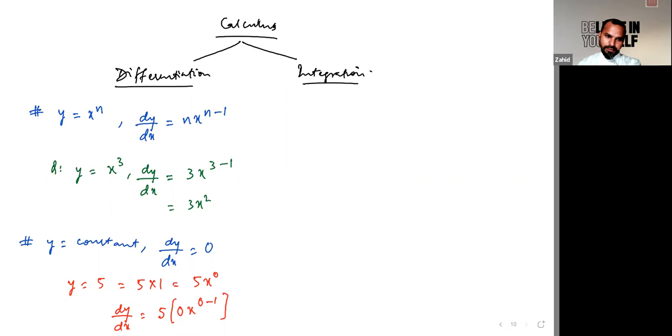Since 0 is multiplied with these terms, on multiplying any number with 0 you get 0. That's why the differentiation of any constant term is 0. Is it clear? Yes, sir.